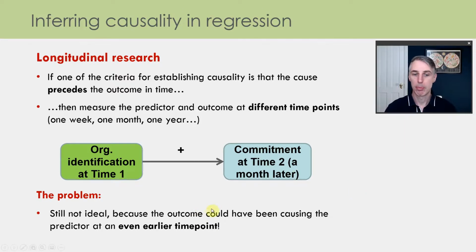There's still a big problem, because the outcome variable, commitment, could still conceptually be causing the predictor at an even earlier time point. A researcher suggesting that it's commitment that causes identification could simply say, well, maybe commitment 1 month before this identification measure was taken could be what's explaining identification. Again, identification is being explained by commitment, not the other way round.